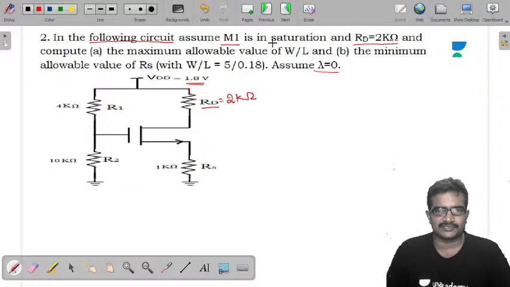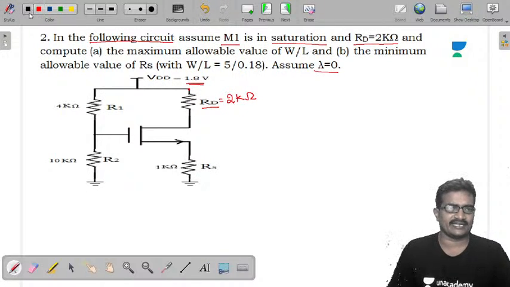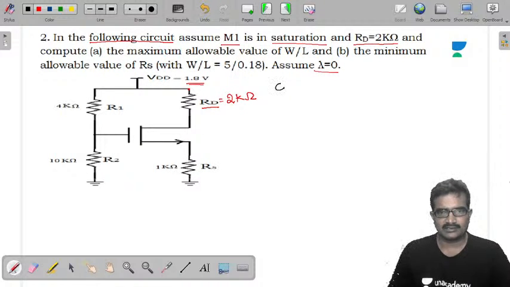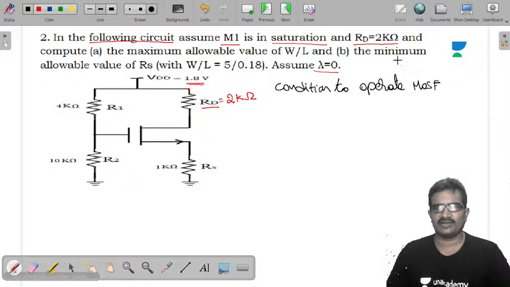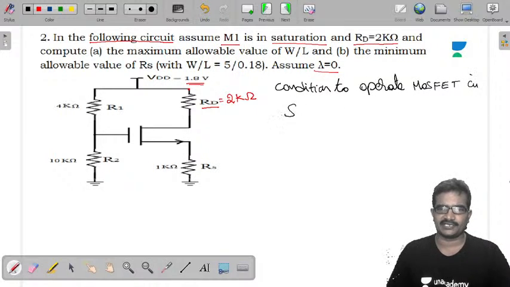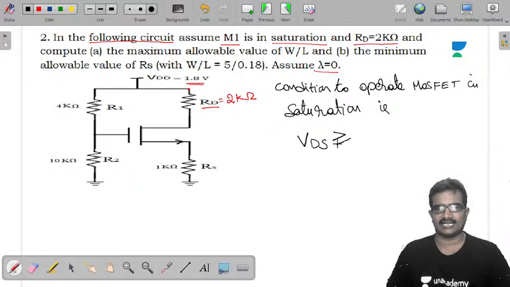First, the device is in the saturation region, they are saying. Now first I am writing the condition to operate the MOSFET in saturation. For an enhancement N channel MOSFET in saturation, VDS is greater than or equal to VGS minus VTH.